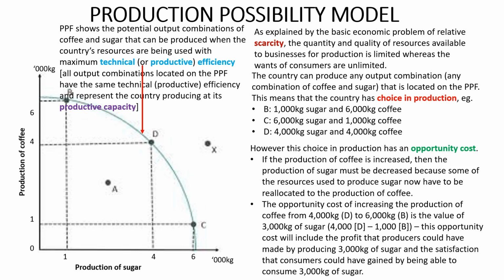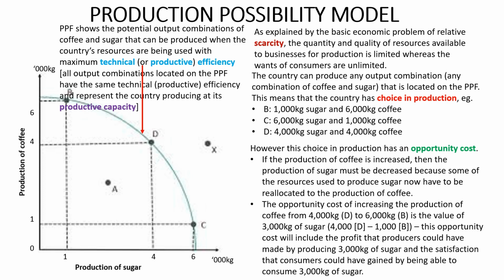This necessarily means that the increase in the production of coffee has come at the expense of a decrease in the production of sugar, in this case from the 4,000 kilograms of sugar produced at point D to the 1,000 kilograms of sugar produced at point B.